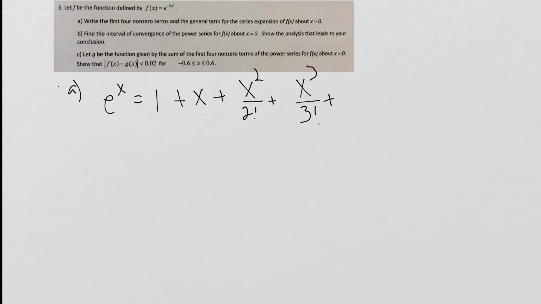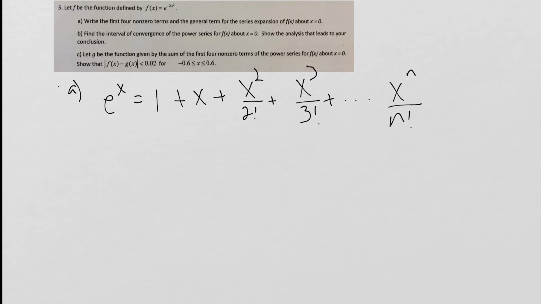So to start, I just need to know the series for e to the x. For part A, e to the x is equal to 1 plus x plus x squared over 2 factorial plus x cubed over 3 factorial plus ... x to the n over n factorial.